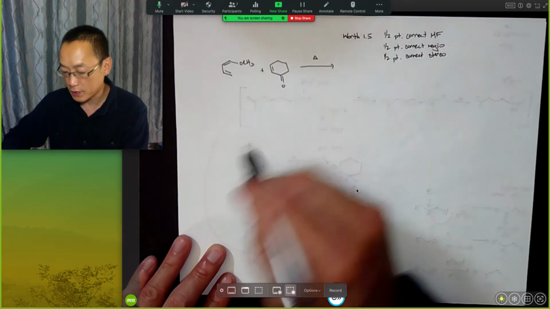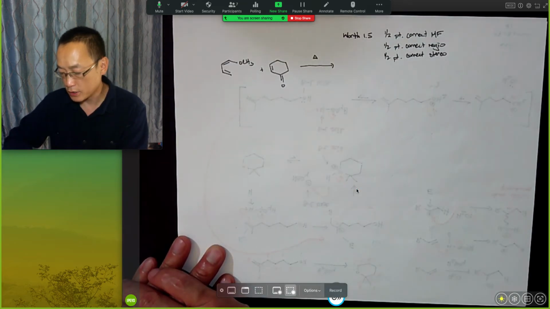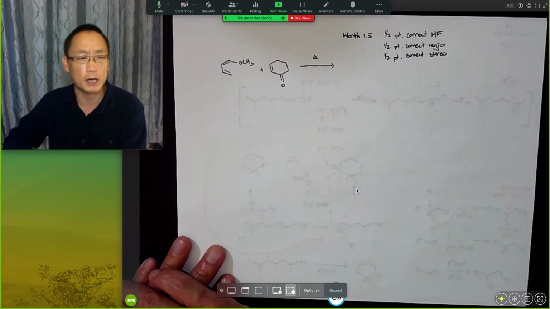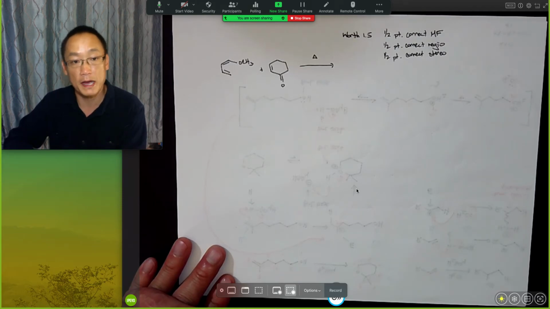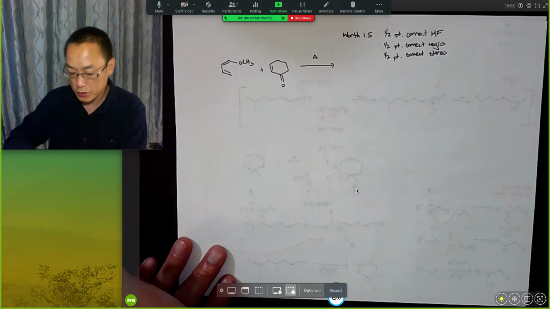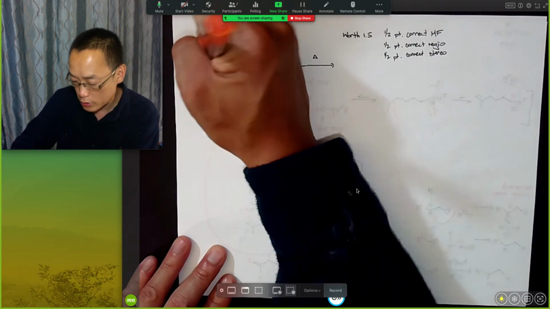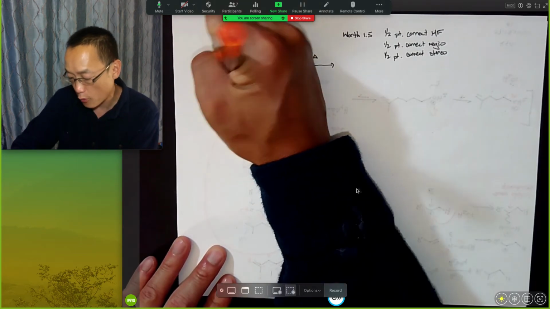For this, let's just take a look. Just really simply, I'm just going to draw the products regardless of the stereochemistry here, and focus more on the regiochemistry, and then we can come back and talk about what is the actual configuration at each of these points. 1, 2, 3, 4.